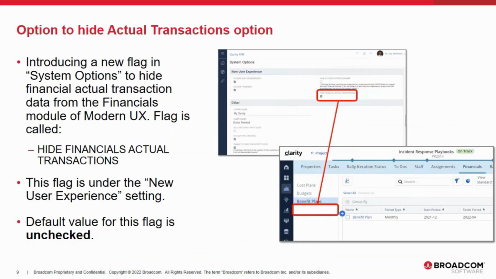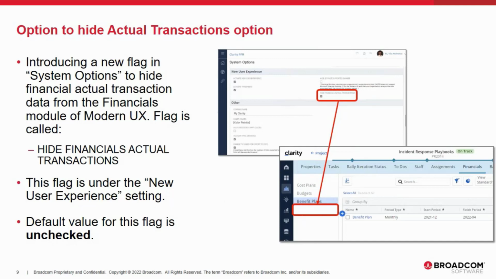Starting this release, we also will have an option that is going to be available in the system options page where the administrators can hide the actual transactions from the financial model in modern UX. This flag is going to be called hide financial actual transactions.